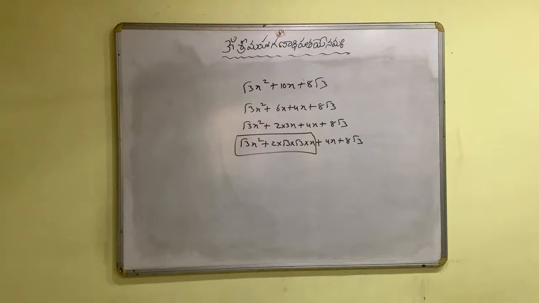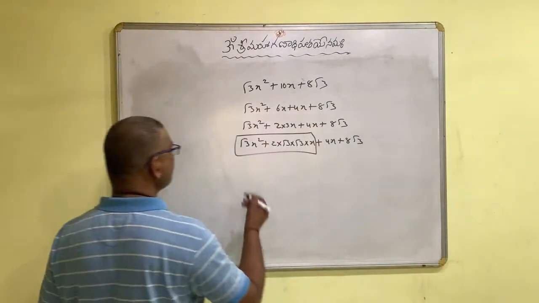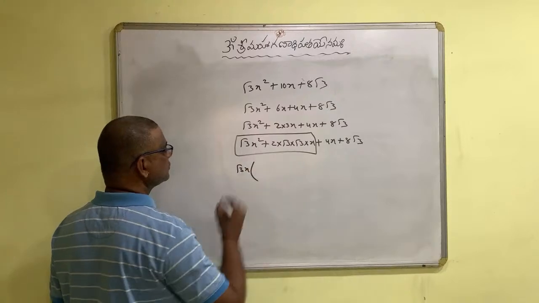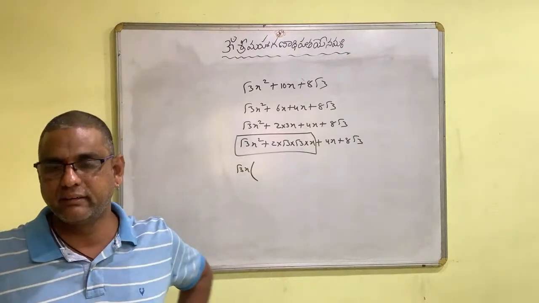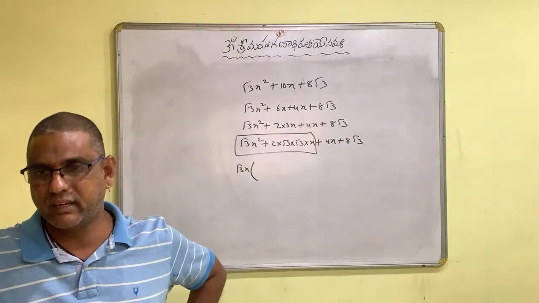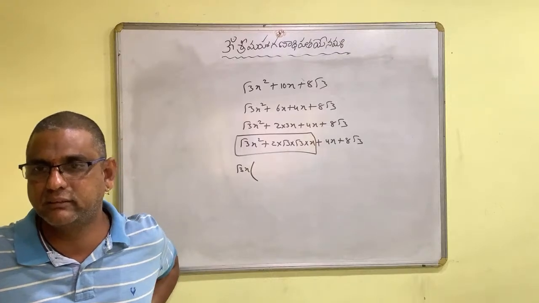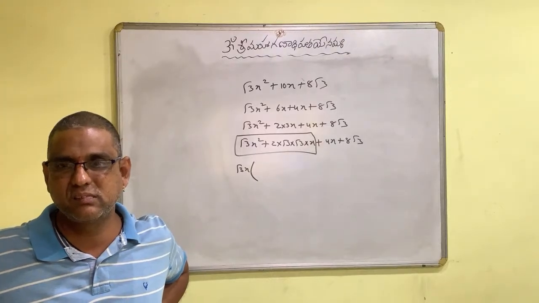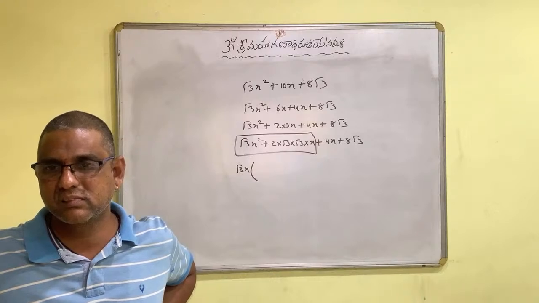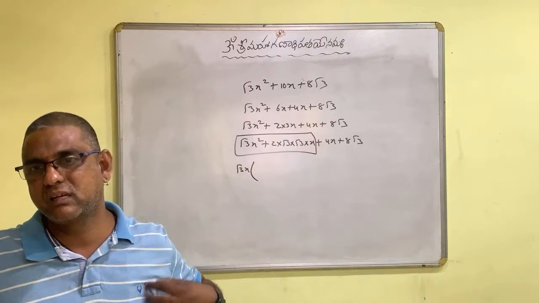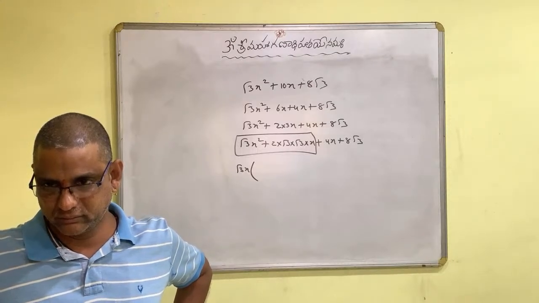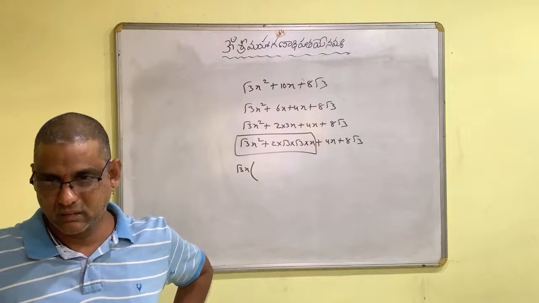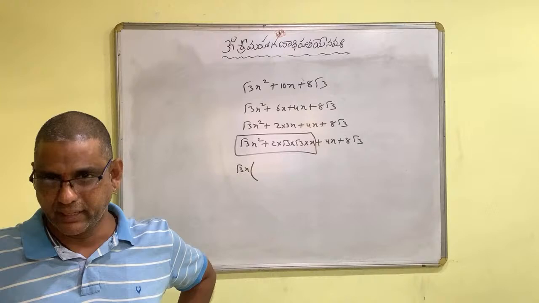So if I take root 3x common, what is remaining?